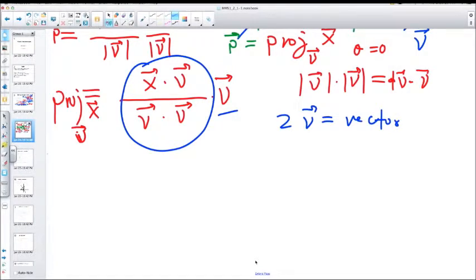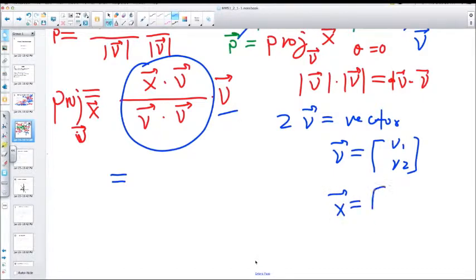Another way to write it, which I'm going to use, is this. If I use v as v1, v2, and v3 if in 3D, and x as x1, x2, another way to write this is to write it as an x matrix.